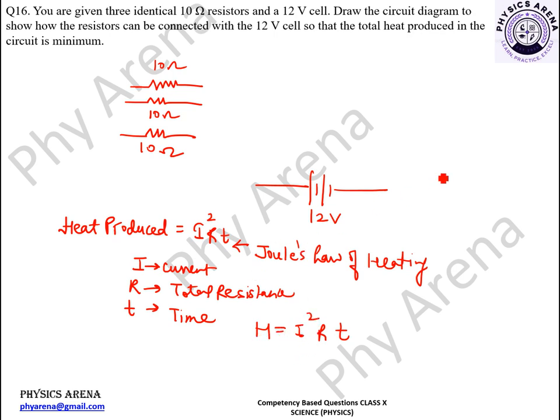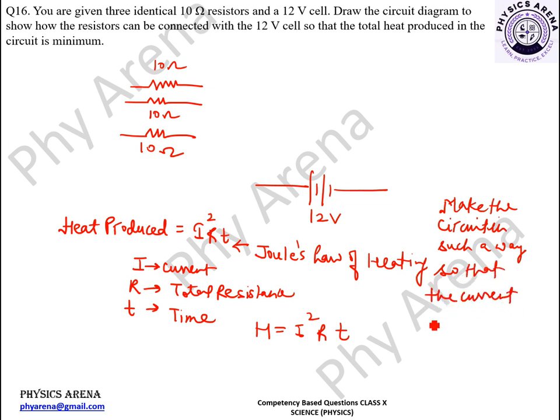So we have to make the circuit in such a way that the current drawn will be minimum, because the effect of current on heat depends on the square of the current.